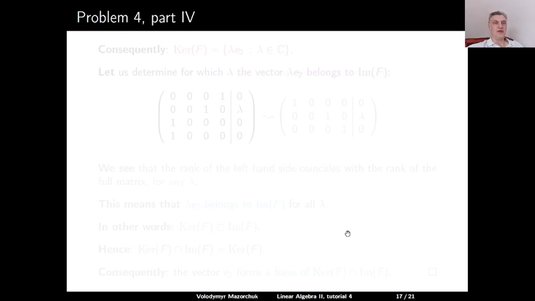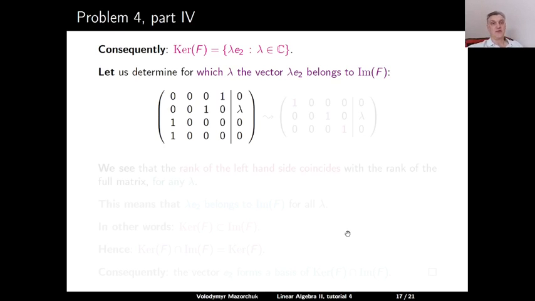Great, but we need to find a basis in the intersection of the kernel of F with the image of F. So let's determine which elements in the kernel of F belong to the image of F. Since e2 forms a basis in the kernel of F, all elements in the kernel of F can be written as some scalar lambda times this e2.